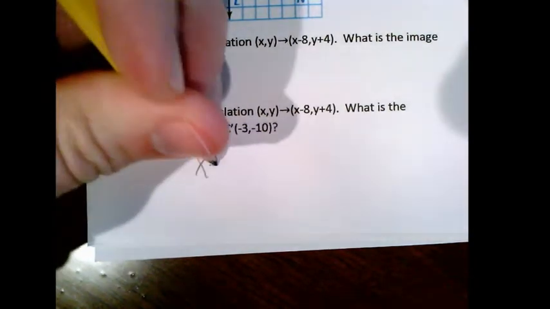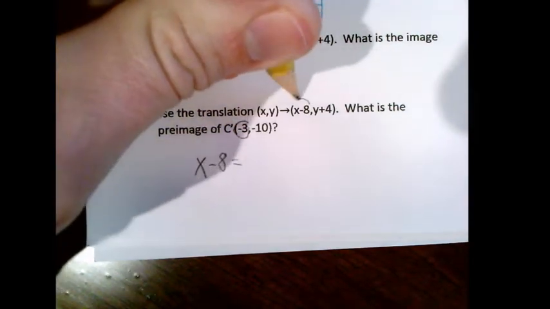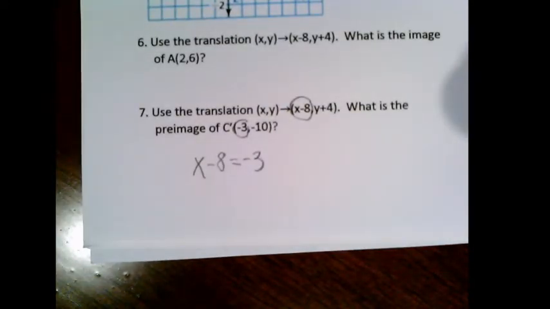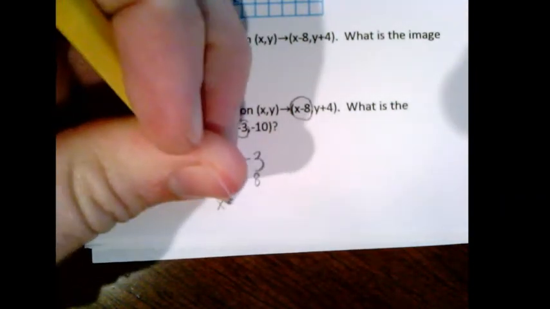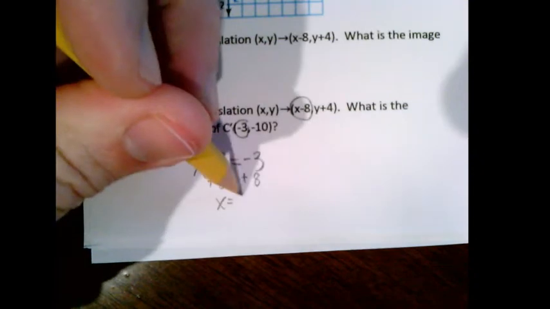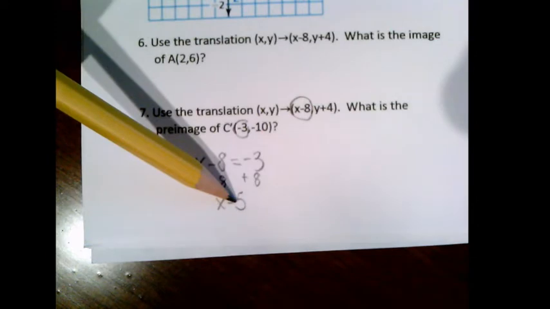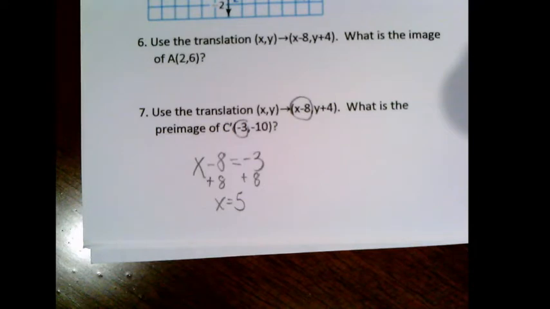If I take x and I minus 8, that gets me to my new spot of negative 3. And then we just solve for x. If I add 8 to both sides, then my original x was 5. So think about it. If I have 5 and I subtract 8, that gets me to the spot of negative 3.